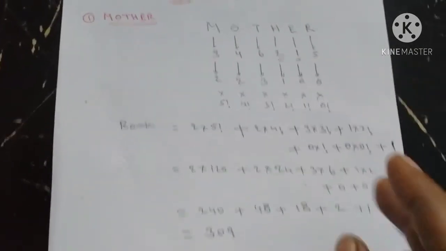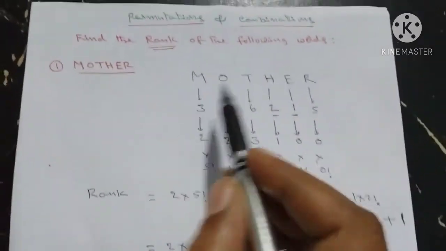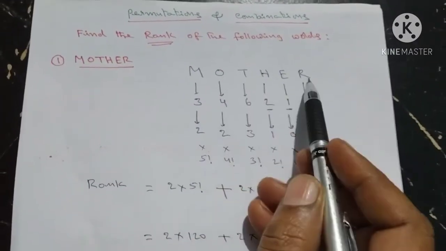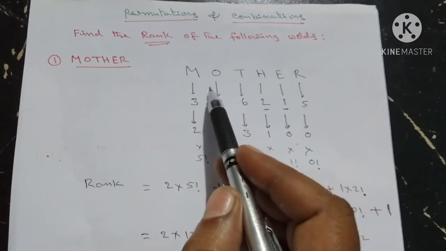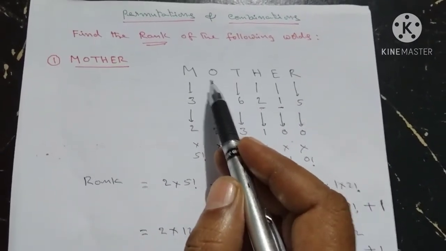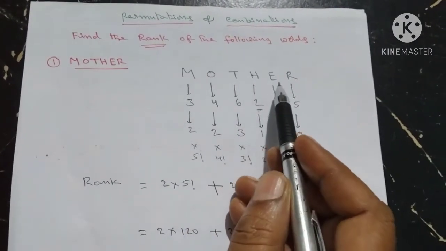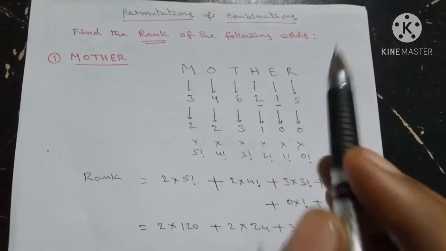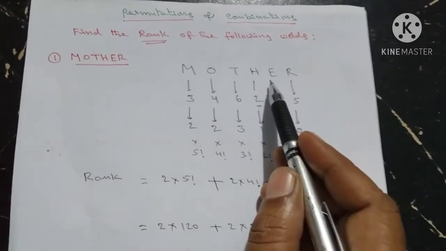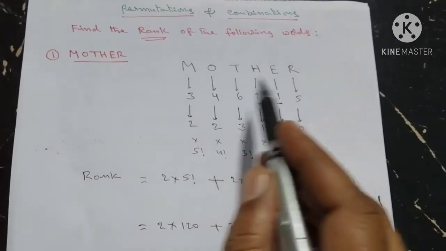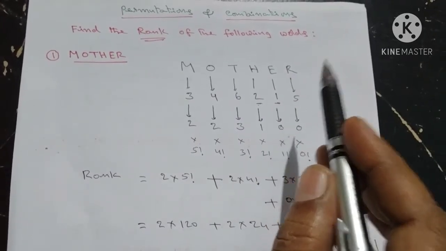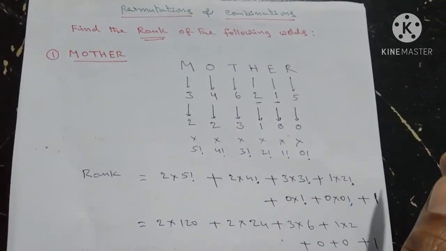Once again, first write the given word mother and give the ranks to the letters of the given word in alphabetical order. First one is A, like A, B, C, D and so on.